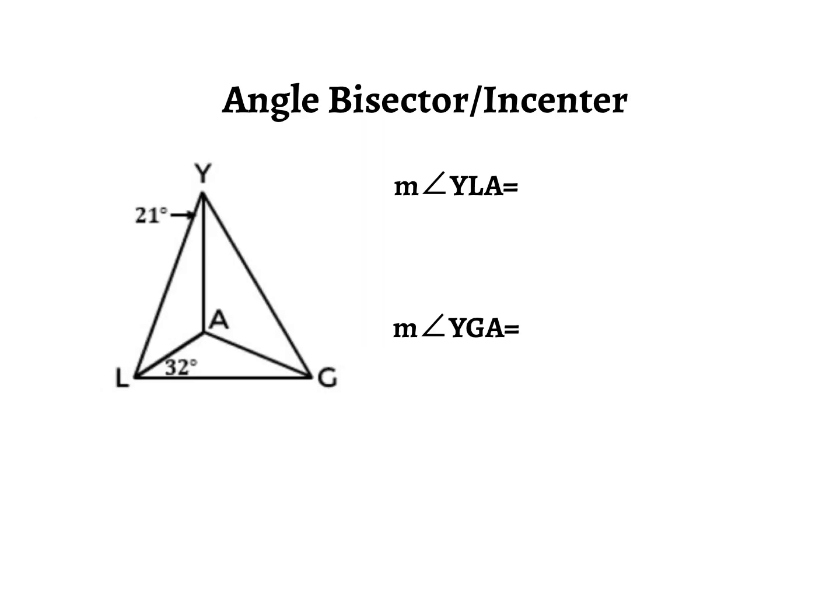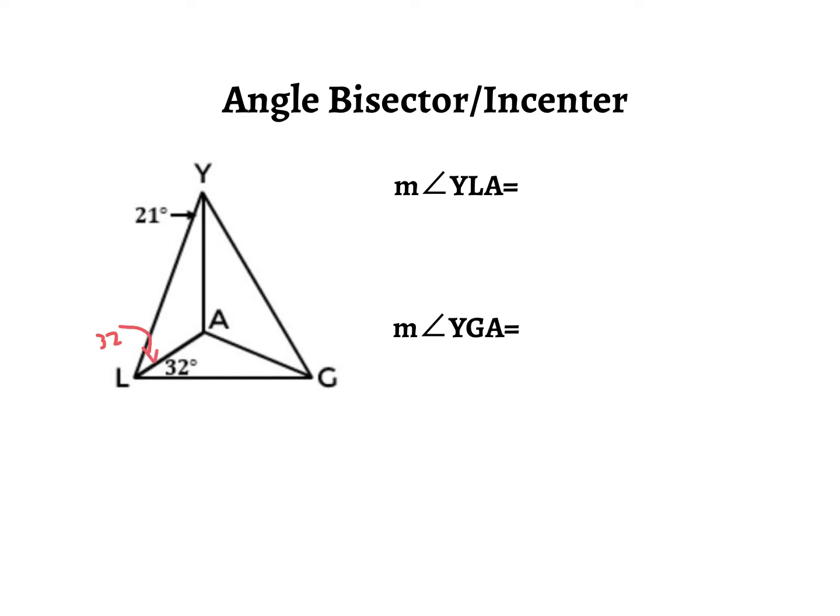For this last example, we're dealing with angle bisectors. Since I know point A is the incenter, I know several things. I know that this line going to the vertex will cut each angle in half. Meaning, if this is 32, then this piece should also be 32. I'm going to put 32 right here.